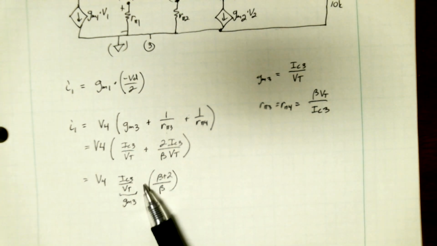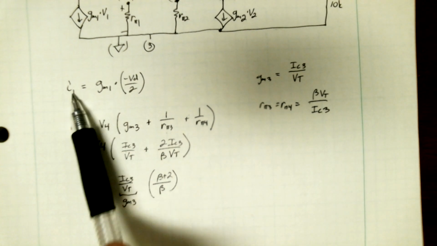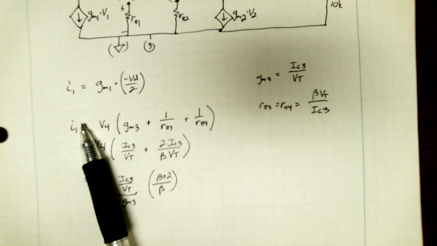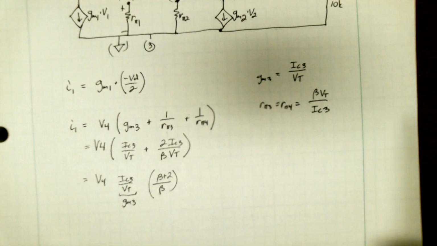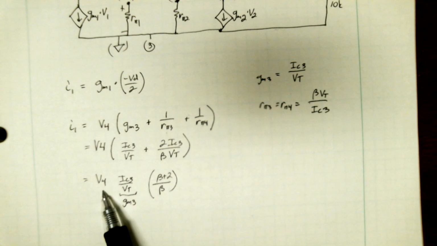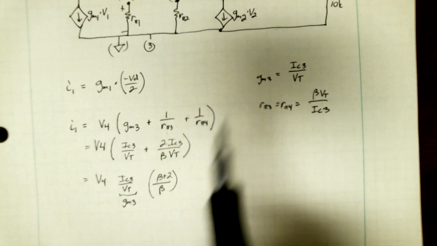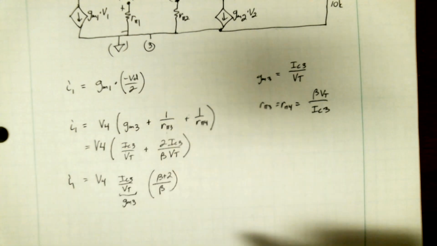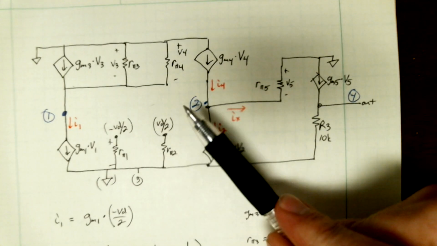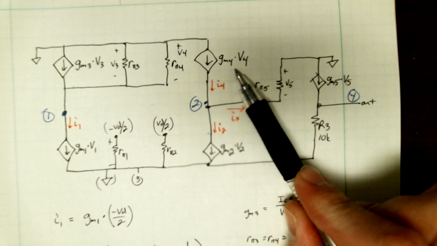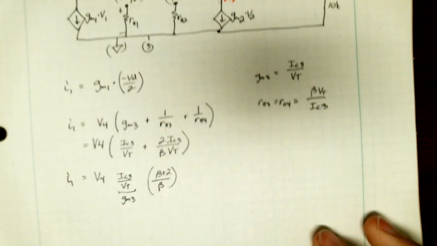Alright, no problem. I4 or I1. Well, that's V4. We can solve for V4. This is I1. Let's go back up to here. I4 is just GM4 V4. Plug that in.